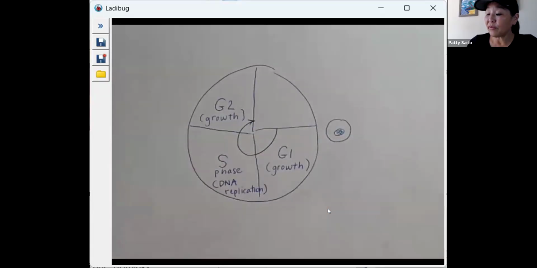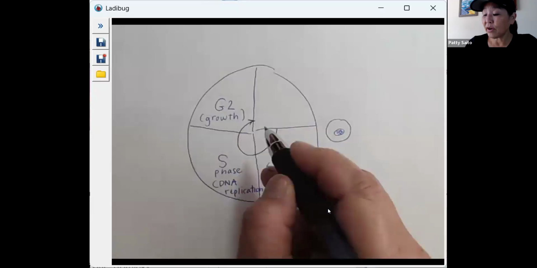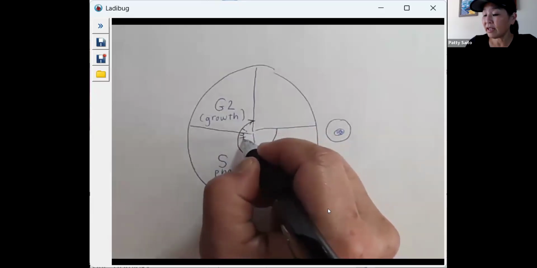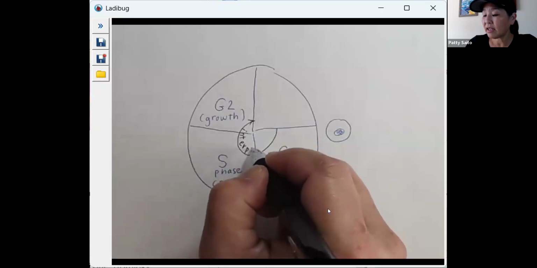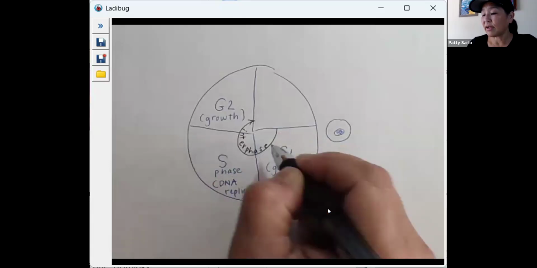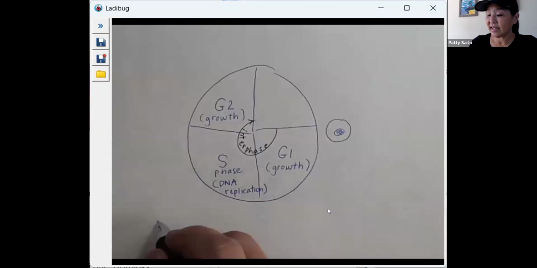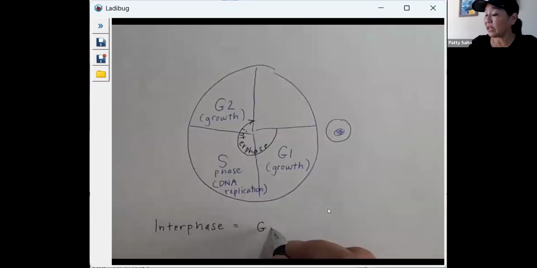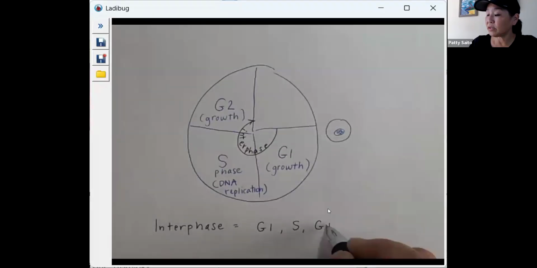Okay, now these three phases together are called interphase. Okay, interphase is made up of G1, S, and G2 phases.